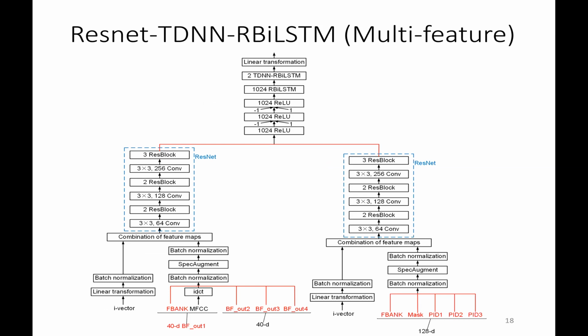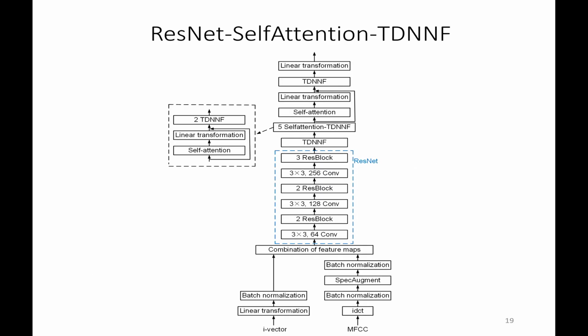In each branch, the features related to the other 3 interfering speakers are concatenated. The details of the other 3 networks are also shown in the next 2 slides for your reference.